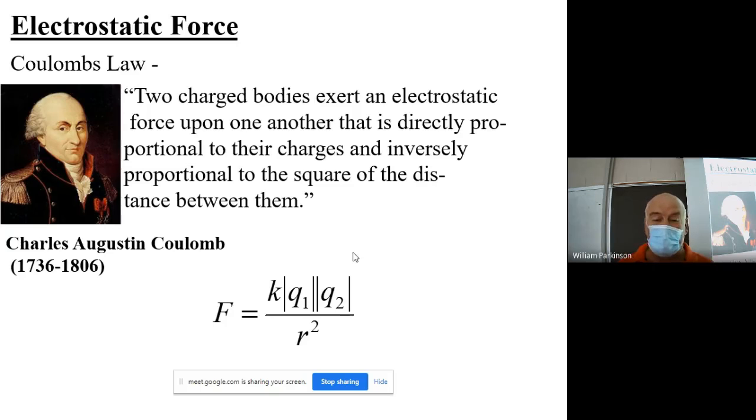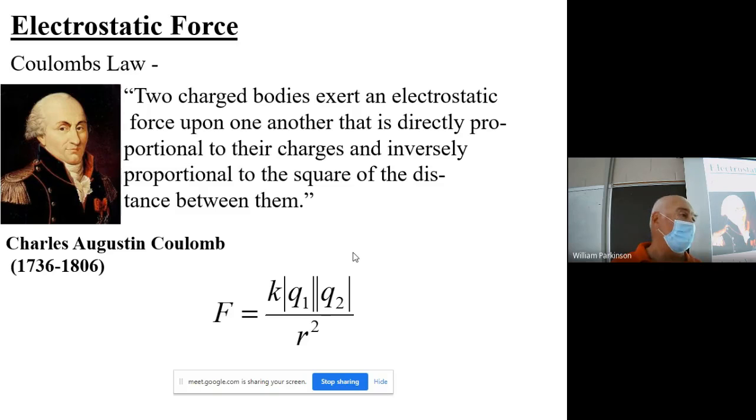So why then do we put the straight up and down lines on the formula? The straight up and down lines mean absolute value to mathematics. What does absolute value mean? Take the positive. Don't put a negative in. So the bottom line is charge can have a flavor of positive or negative. We talked about that before. What the brackets are saying is, even if it's a negative charge, just throw the sign away.